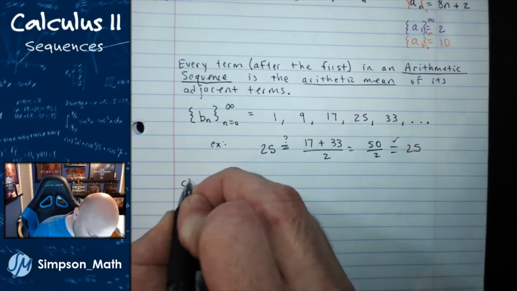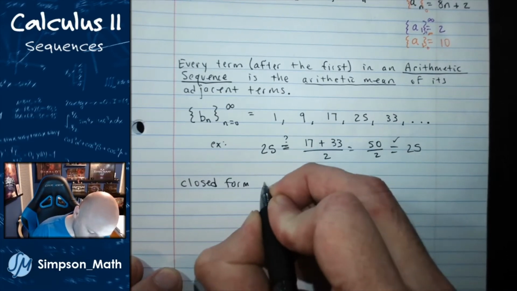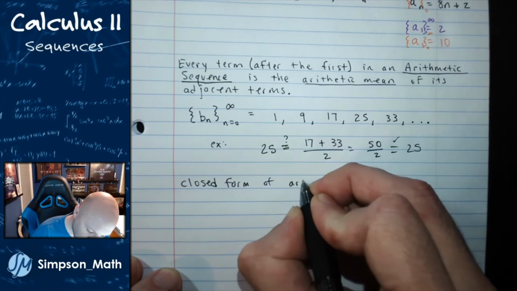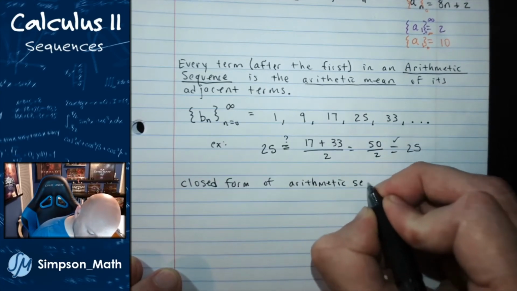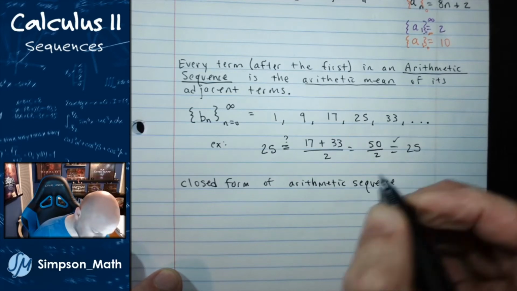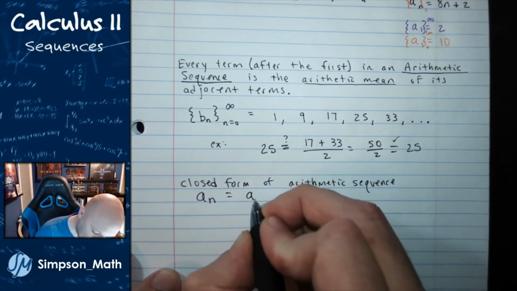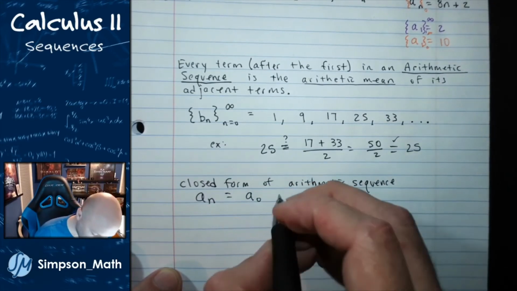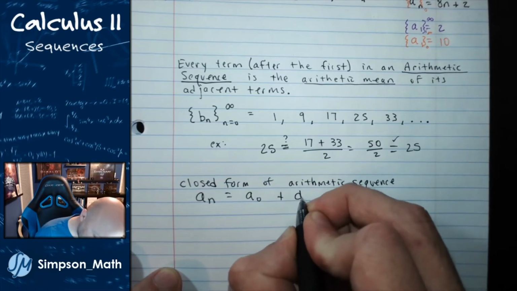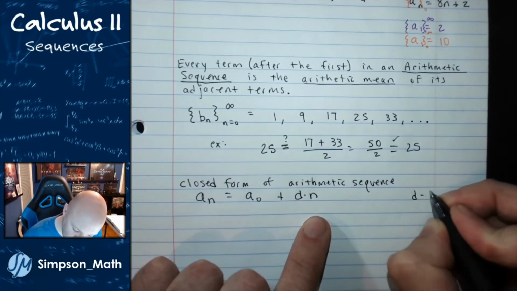Let's see if that makes sense. Closed form of an arithmetic sequence: a sub n equals that initial value a naught, or a0, plus d times n, where d is the difference.